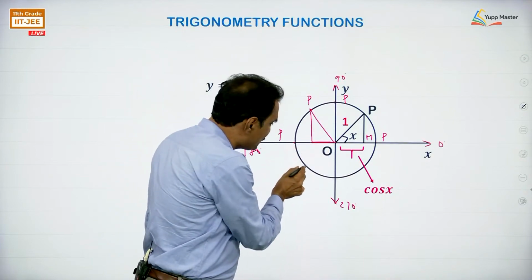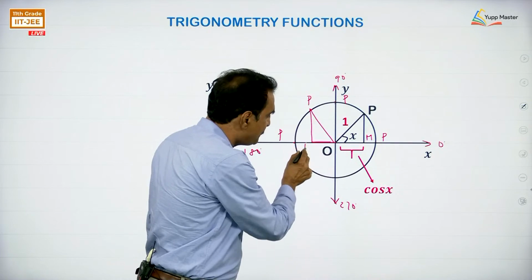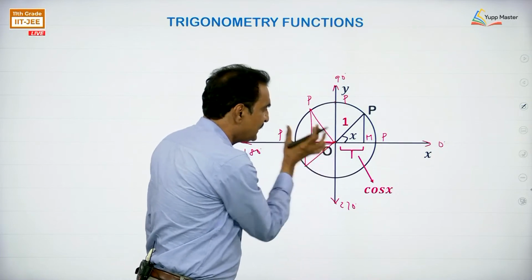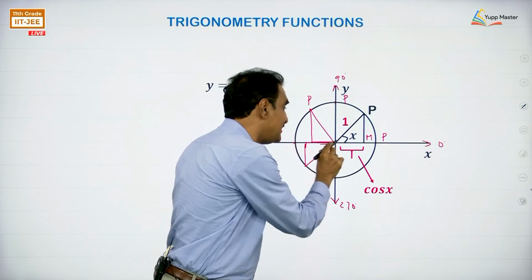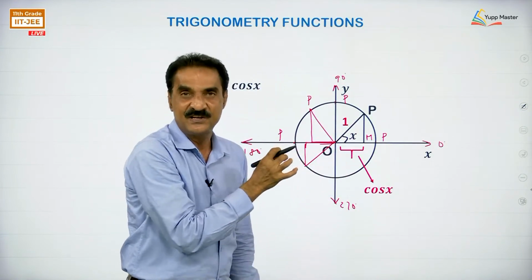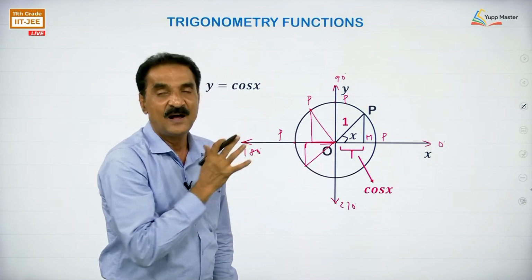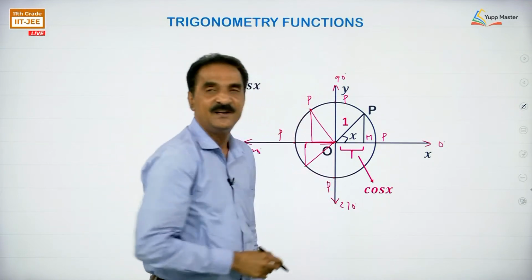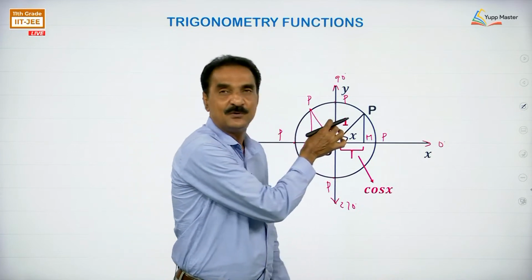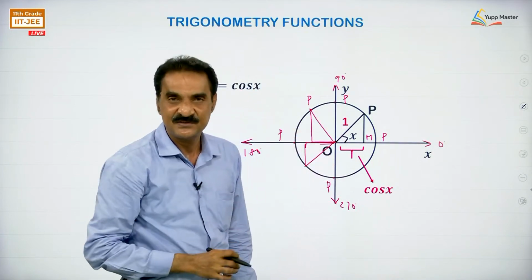When P further moves here, what happens to the adjacent side? It is starting from minus 1, it will be increasing. Magnitude is decreasing, but with a negative sign, the value is increasing. When P reaches here at 270 degrees, again the adjacent side becomes 0. So, cos 270 degrees is 0.